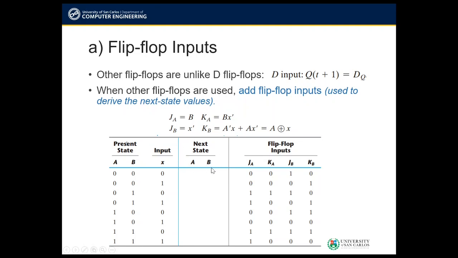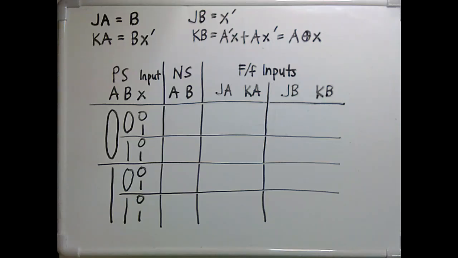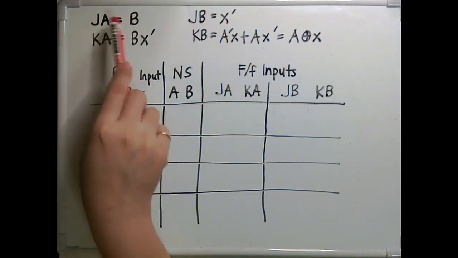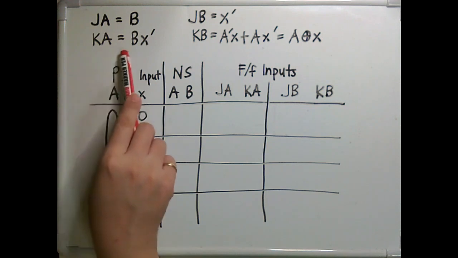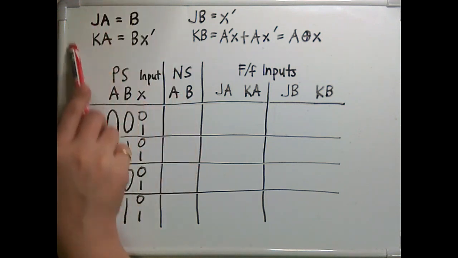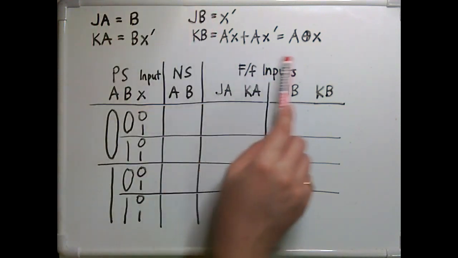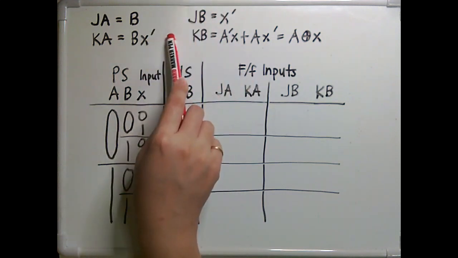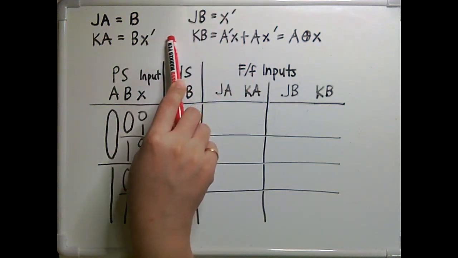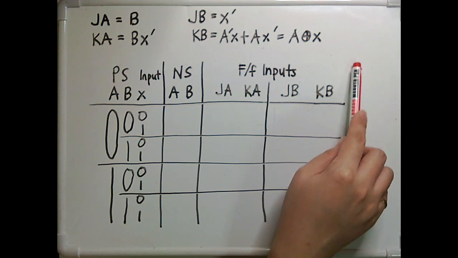So before we proceed, let's try to derive where the flip-flop inputs come from. Let's start with the blank state table. We have the equations written here: these are the inputs for flip-flop A, and these are the inputs for flip-flop B. Since we don't have an output for this particular example, we don't have an output table here.